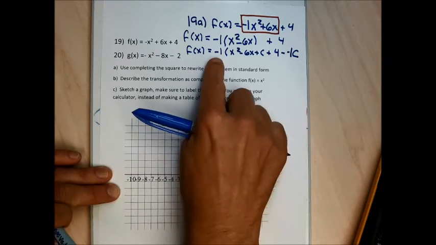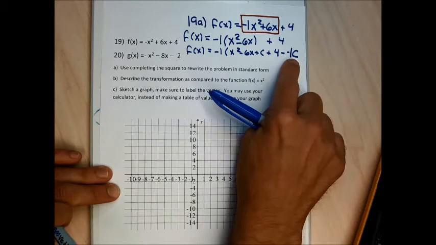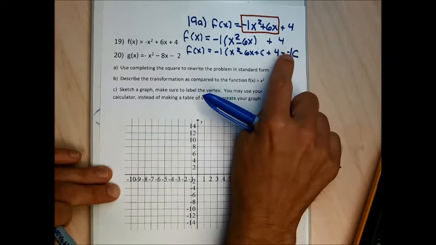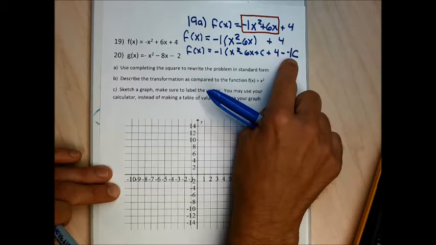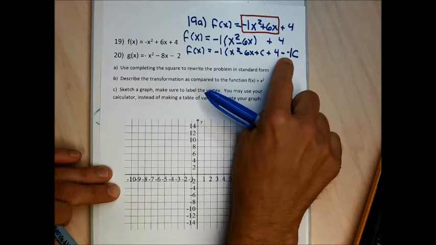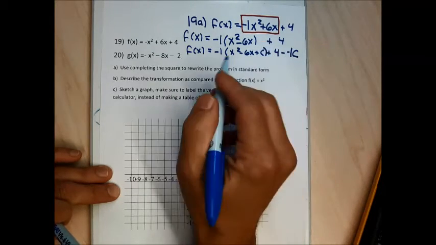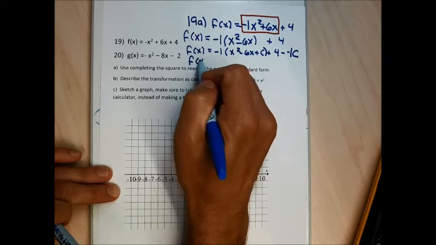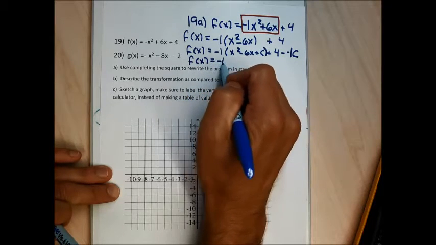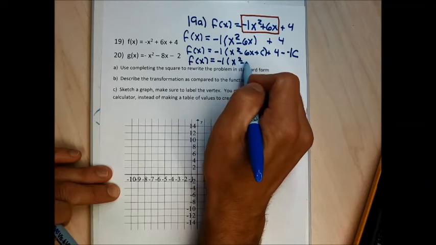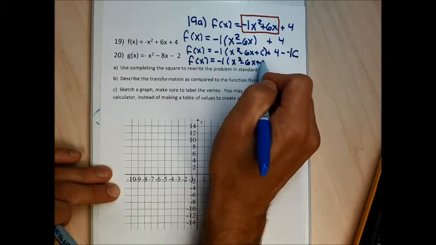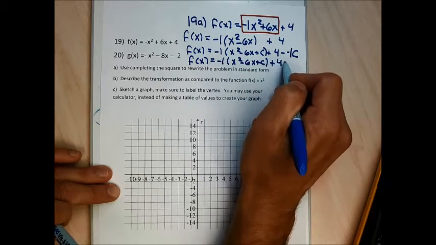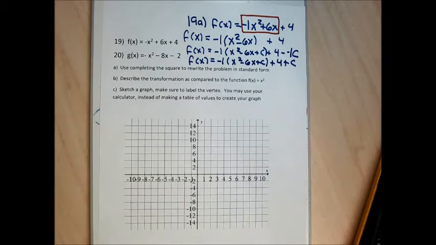When there's a common factor, the minus c part gets that number in front of it. And now I have a minus negative 1c. That double minus is going to be positive. Forgot to close my parentheses here. So I can write this as f of x equals negative 1 times (x squared minus 6x plus c) plus 4 plus c.